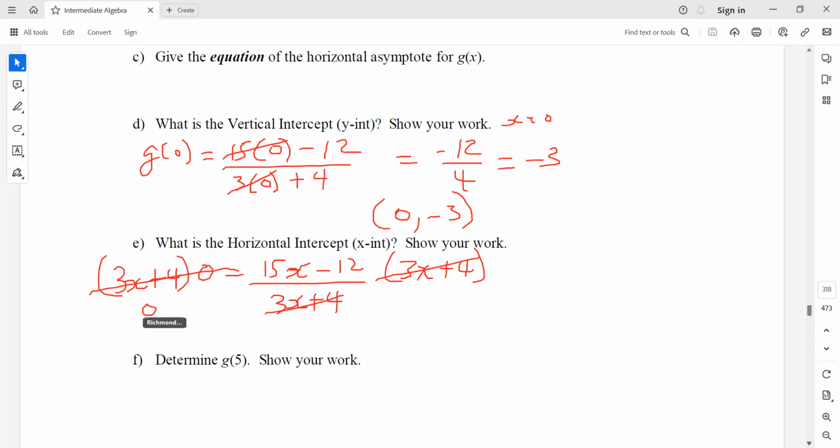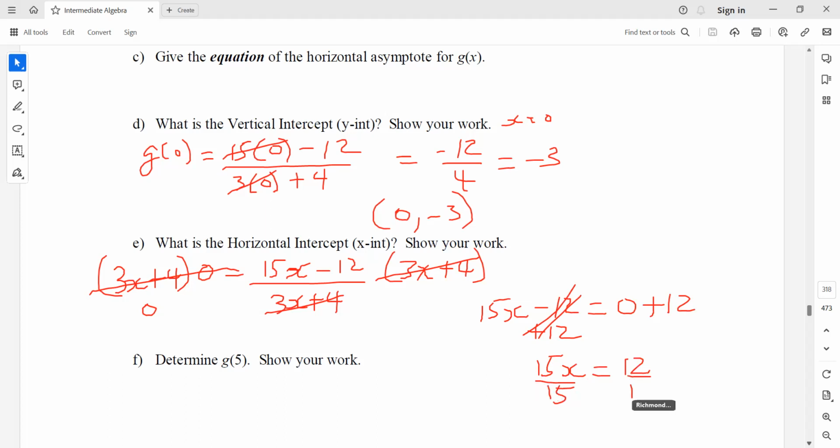You're going to have 15x minus 12 equals 0. Plus 12 to both sides, so you have 15x equals 12. Divide by 15, so my x will give me 4 over 5. So when x is 4 over 5, y is 0.